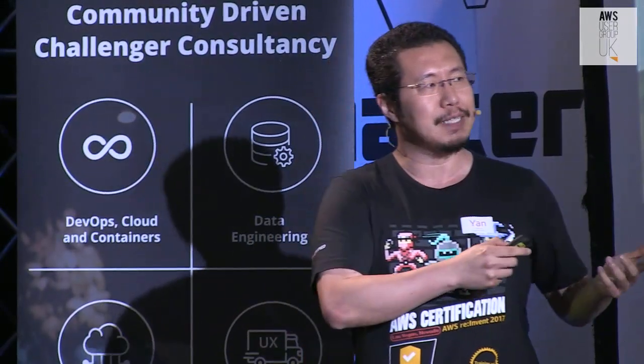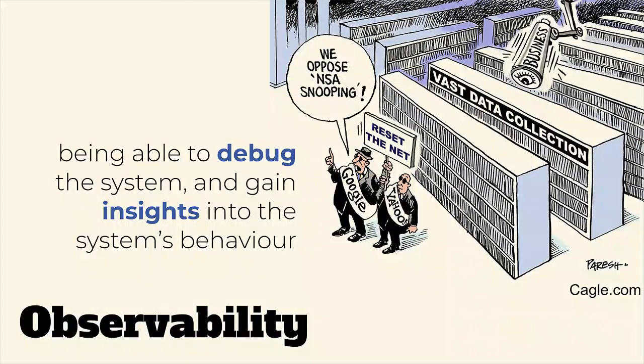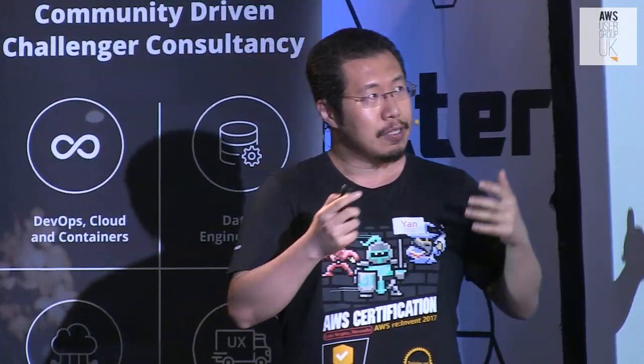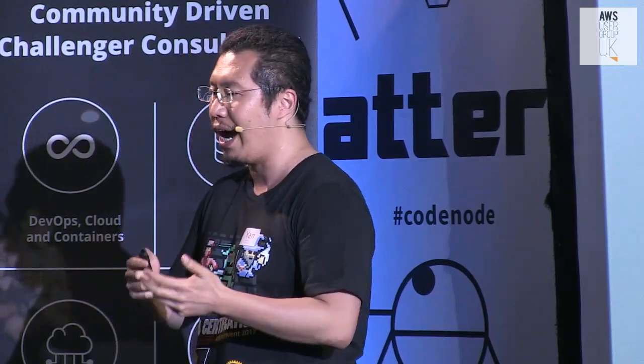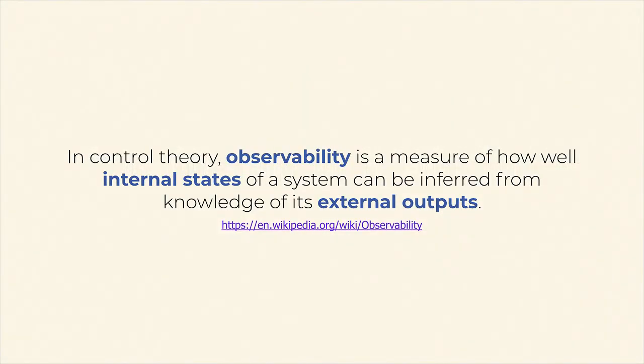Whereas observability is probably closer to what government agencies are doing in terms of monitoring and collecting lots of metadata about what's happening, so that they can observe and figure out what is happening in society from afar. In a similar vein, control theory defines observability as a measure of how well the internal state of a system can be inferred by just looking at its external output.